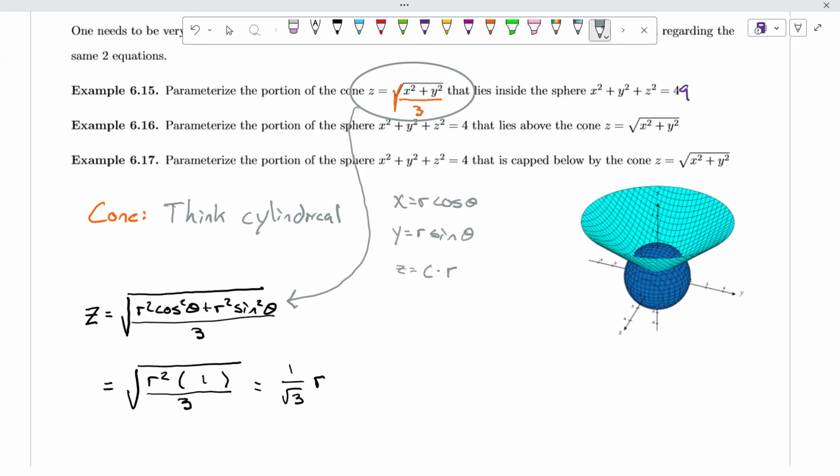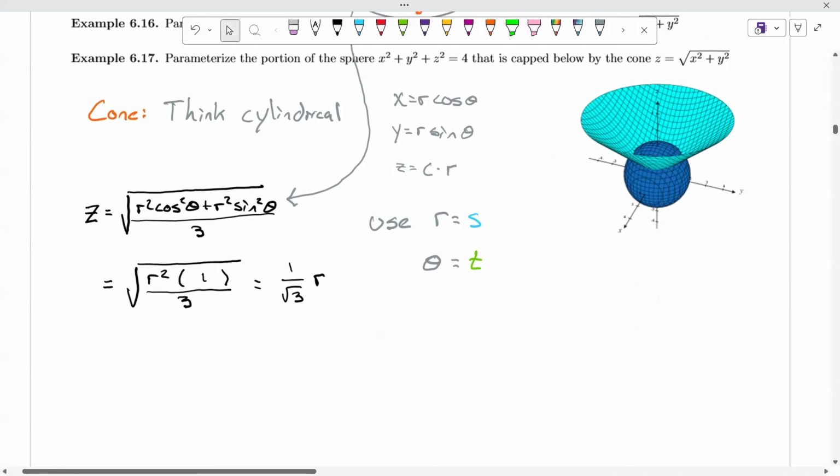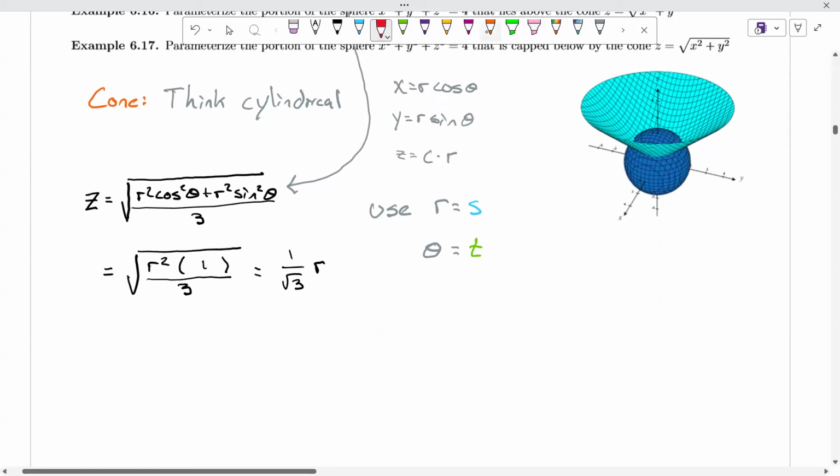But at this point, we basically have our entire parameterization. It's just missing a couple of steps to round things out the way that we usually see parameterizations. I'm just going to replace r and theta with s and t. The step isn't strictly necessary, but just to match the work that I think we should have seen at this point, I'll do that.